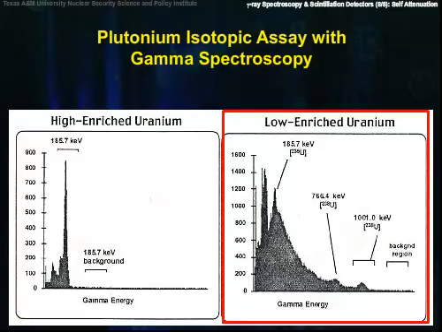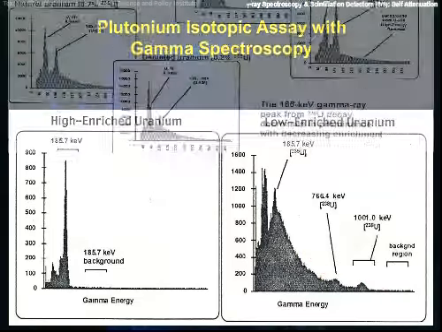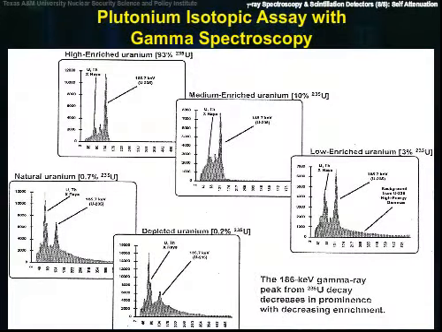The second spectrum is from low-enriched uranium, and you can plainly see the contributions at 766.4 keV and 1001 keV from the uranium-238. The next series of spectra here gives examples of uranium enrichments from 93% enriched to depleted uranium at 0.2%.